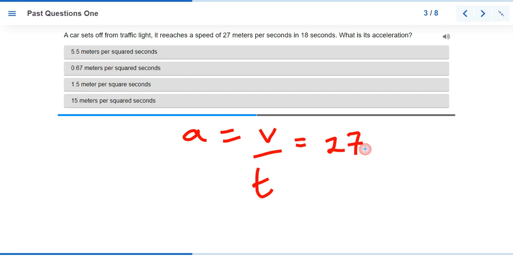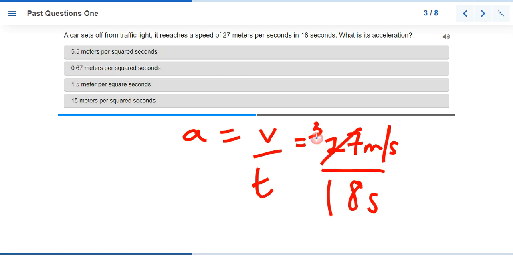Velocity is 27 meters per second, and the time is 18 seconds. Dividing both by 9, we have 3 over 2. That gives us 1.5 meters per second squared. Do we have it? Yes.